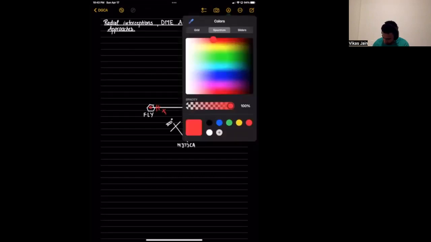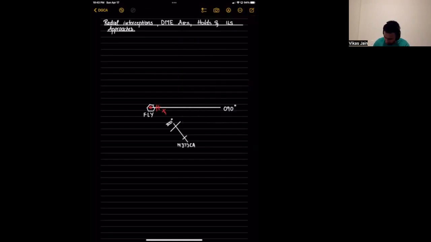There are different procedures, but as a rule of thumb, it's pretty easy for radial interceptions. If you are greater than 10 nautical miles from the VOR, how do you know this?